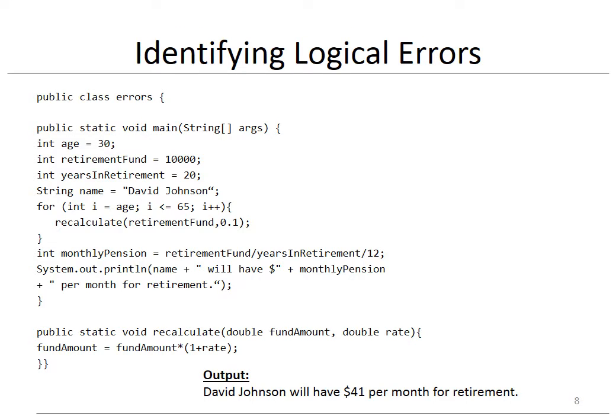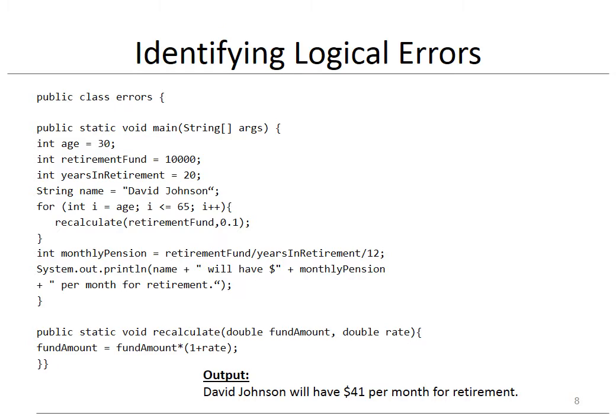Here you can see our program with years in retirement set to 20. We can now execute it and it will give us a string saying David Johnson will have $41 per month for retirement. At first sight, this looks okay, and we are now convinced that we corrected all the syntax and runtime errors.